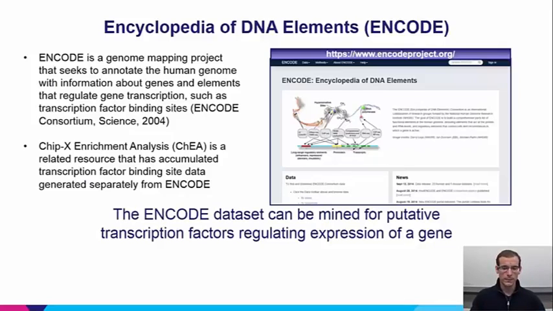Is there a gene in this region, or is there a promoter for the gene, or is there a binding site for a transcription factor that's going to regulate the expression of a gene?